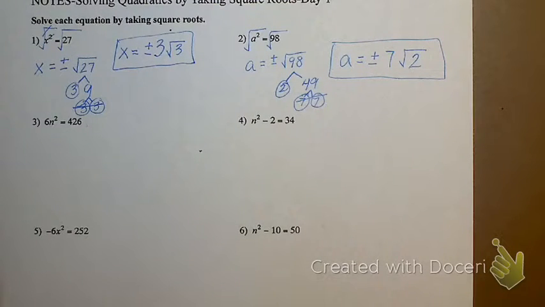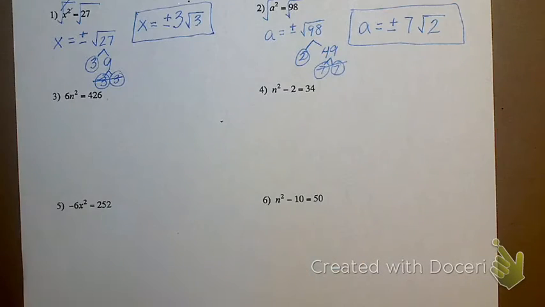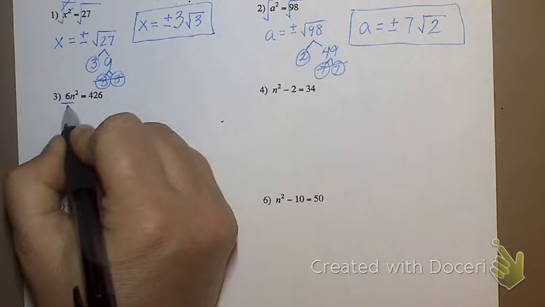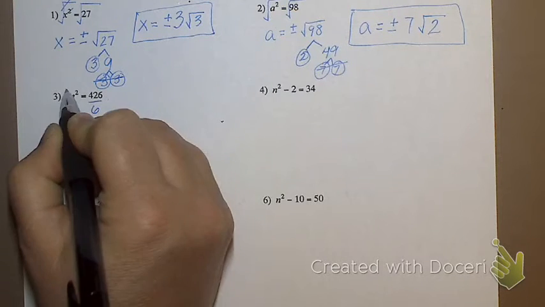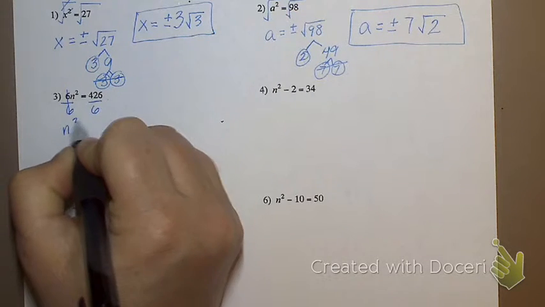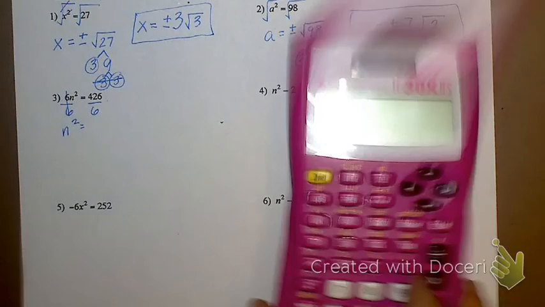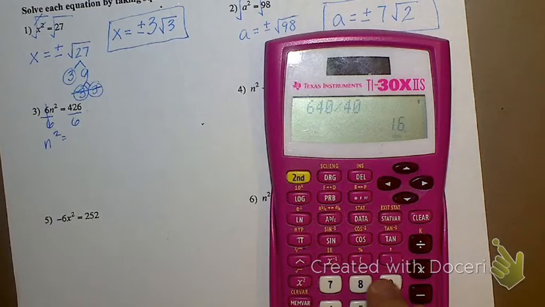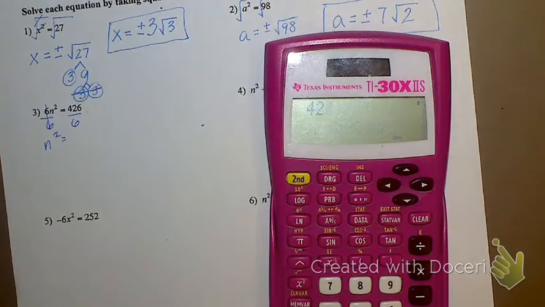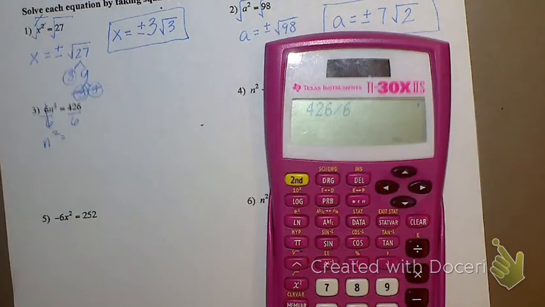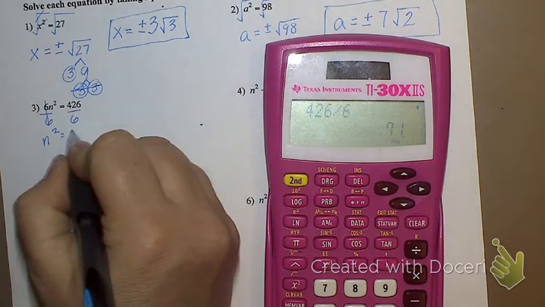Okay. Let's look at number 3. This time I have n. Is n squared by itself yet? So what do I need to do? Divide by 6. That's going to give me n squared equals, sorry, I don't know what 426 divided by 6 is. I believe it's 71, but let's see. 426 divided by 6 is 71.